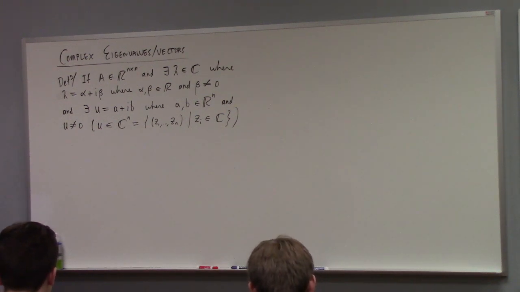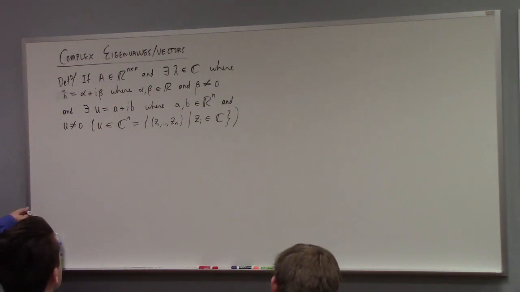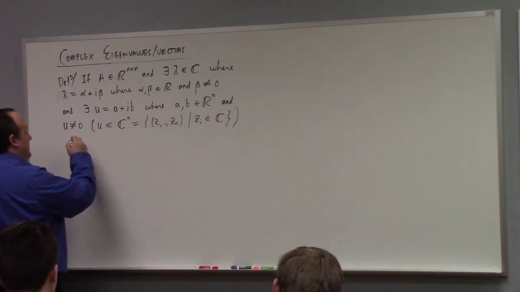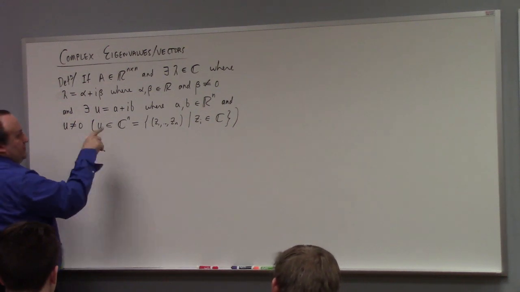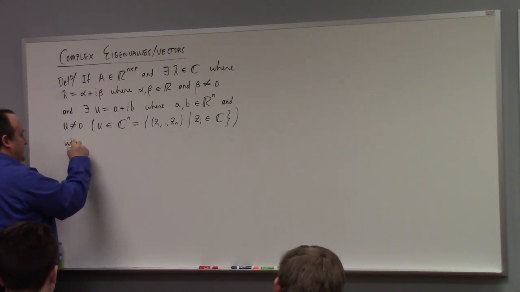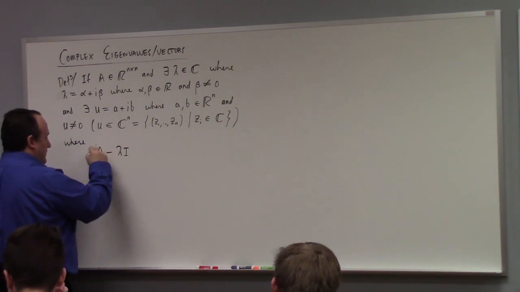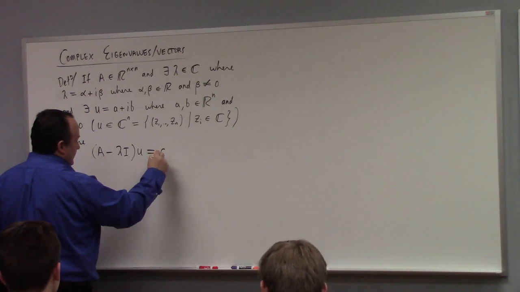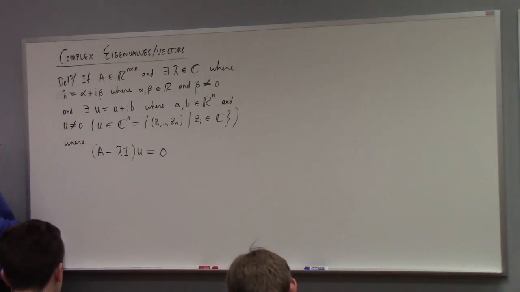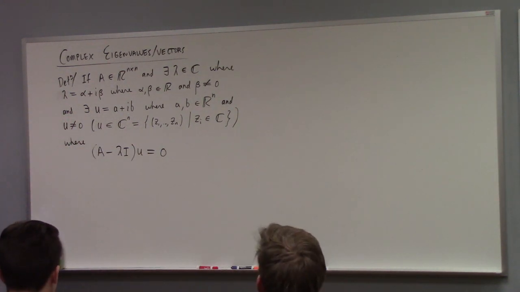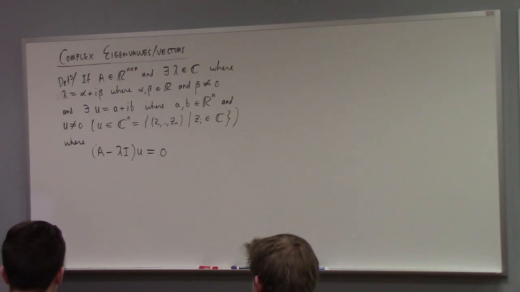All right. So u has to be non-zero, and what condition does it have to satisfy? Such that (A minus lambda I) times u is equal to 0. If all of this is true, that makes lambda a complex eigenvalue and u a corresponding complex eigenvector.